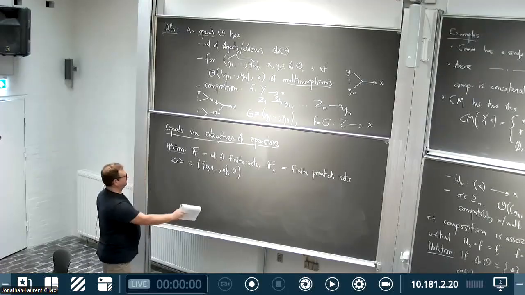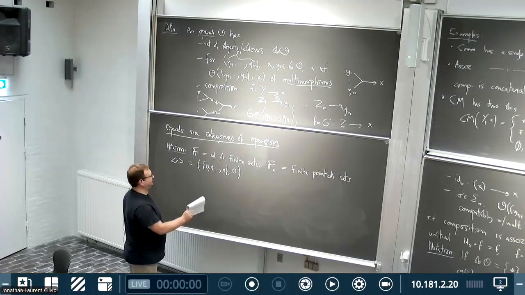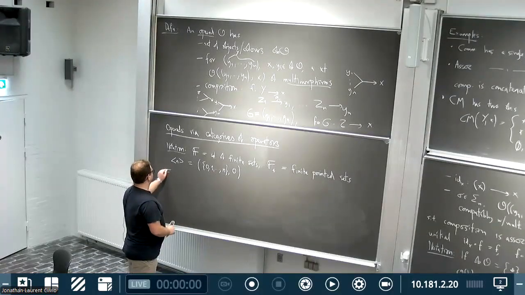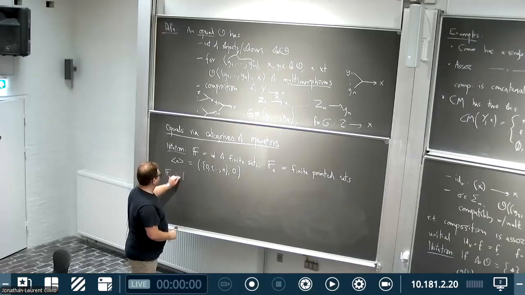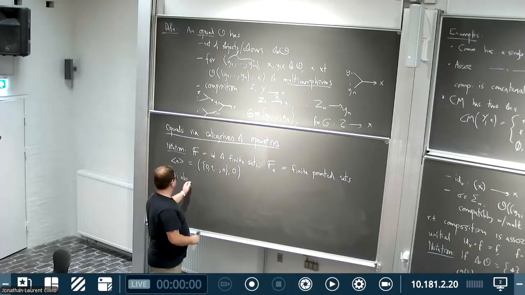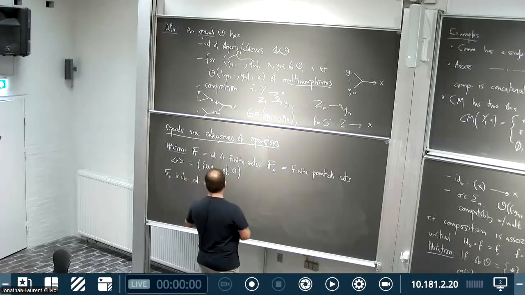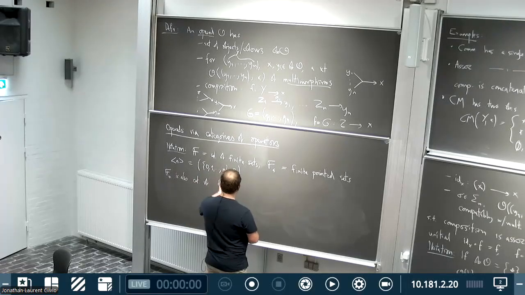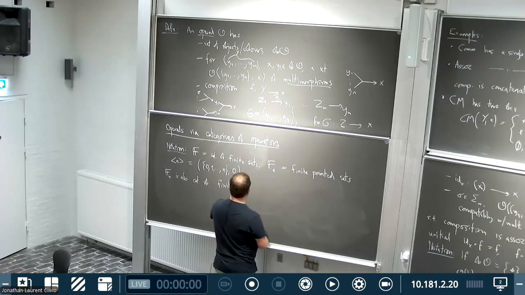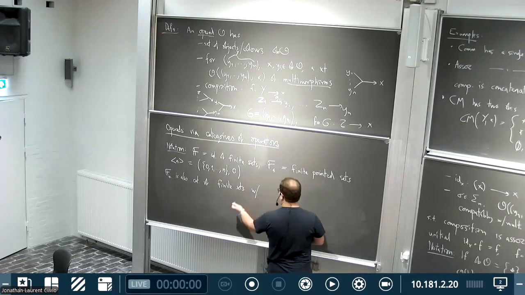And maybe I should say straight away another description of this category. We can think of the objects as just being finite sets, with the morphisms being partially defined functions.